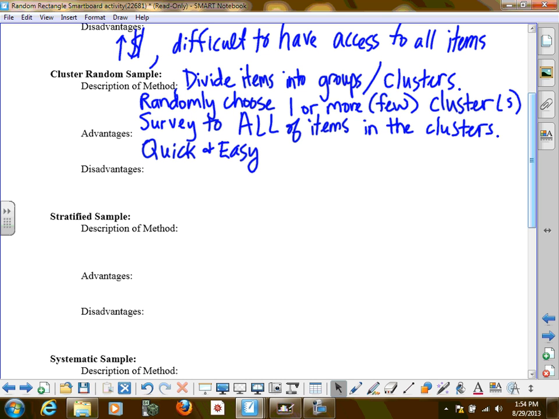I'm going to ask every student in that cluster what their favorite elective is. So there's a potential problem. That cluster could be just athletics, or could have been Coach Jones, those people registered to Coach Jones, and those are athletic people, or maybe they're band people. And so then you would have some bias.